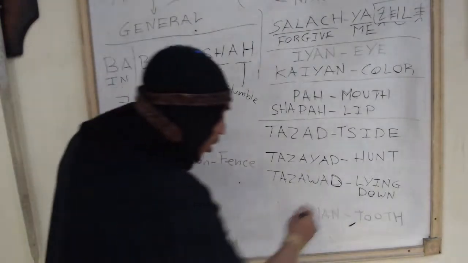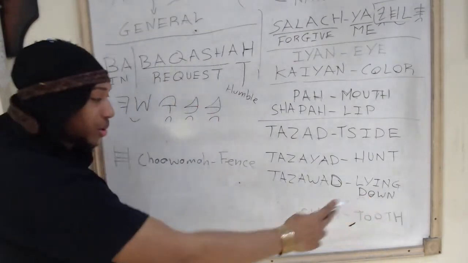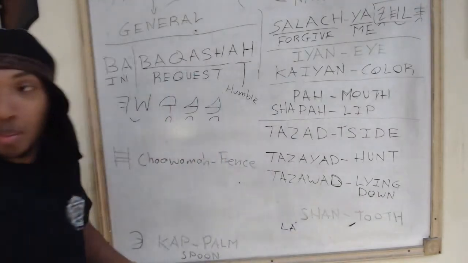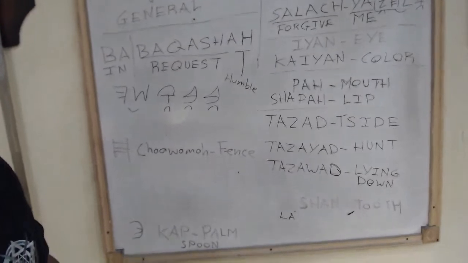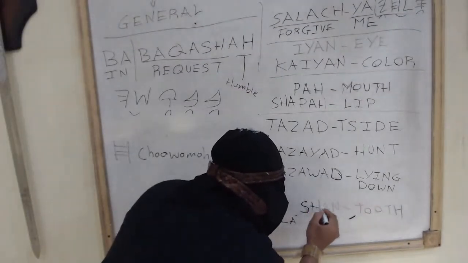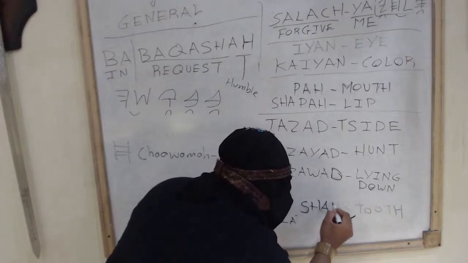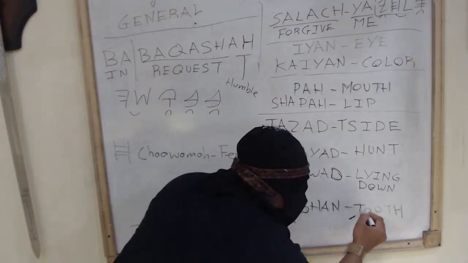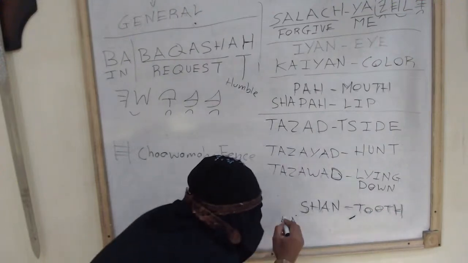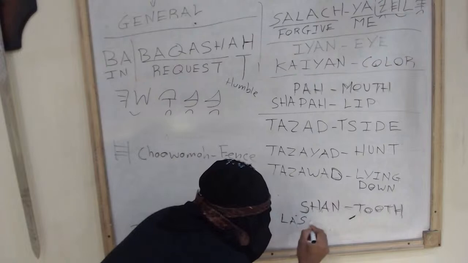Okay. Shun. Shun is tooth. Let me make sure you can see it, and that the camera is angled right, and that it's nice and legible. So we got Shun. And then we add a La in front of that Shun.